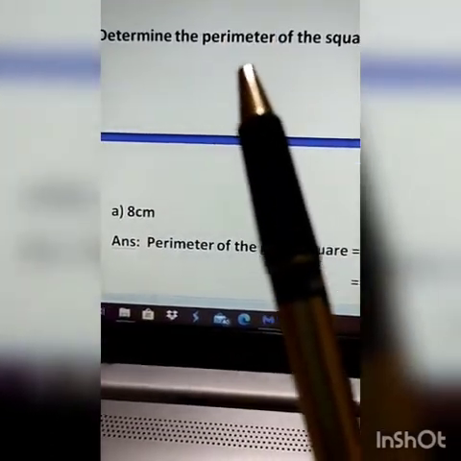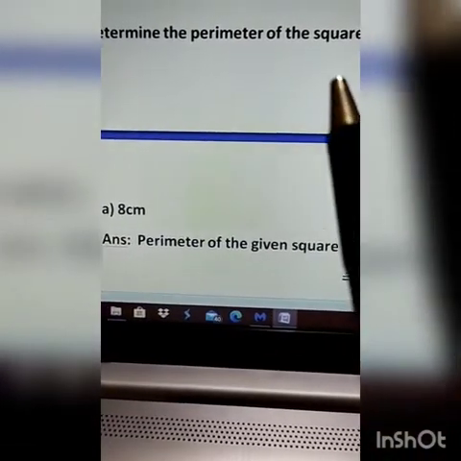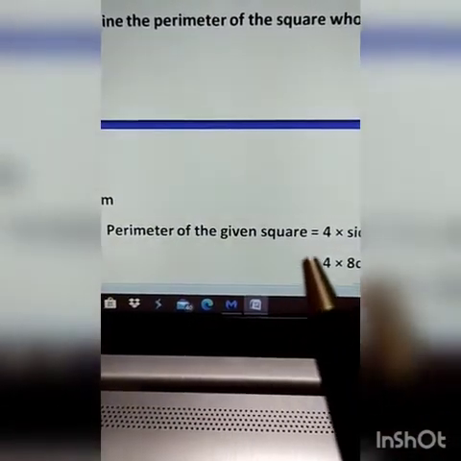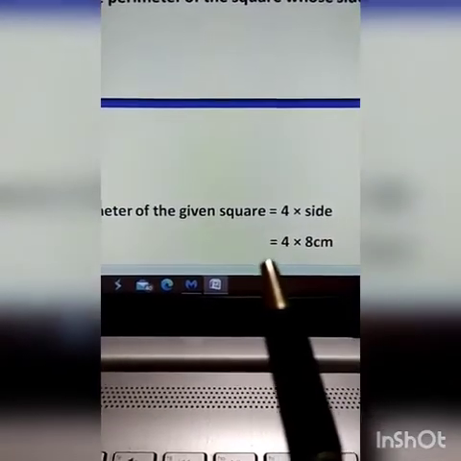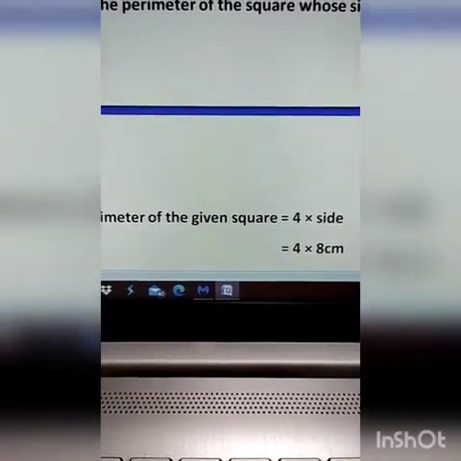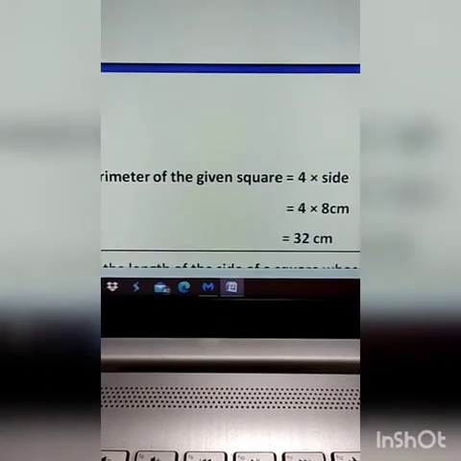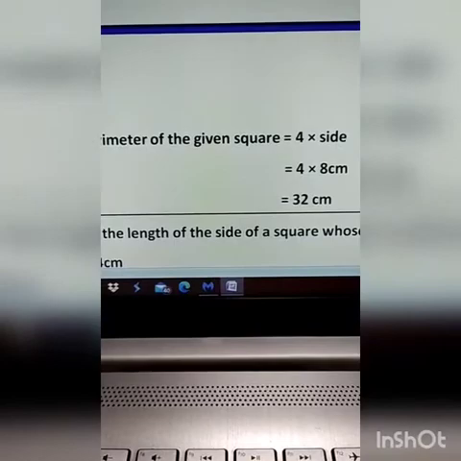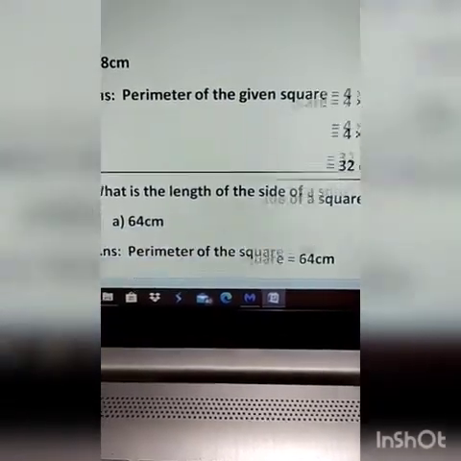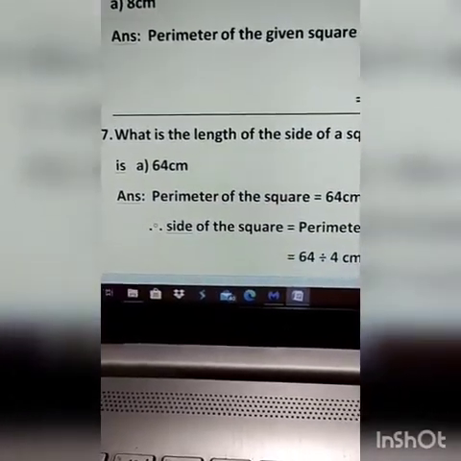You have to find out the perimeter of a square. So perimeter of a square, very simple, is 4 into side. So 4 into 8. 4 8s are 32 and unit is centimeter. Okay. Simple.